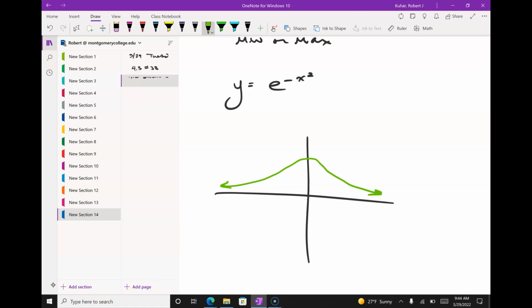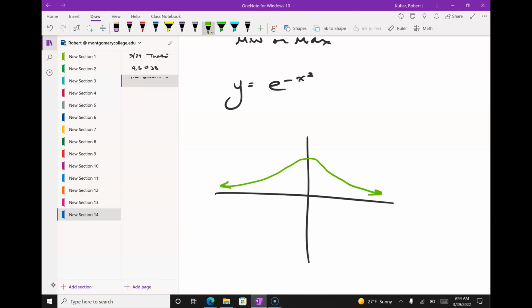And so first derivative test, I'd have a critical value where? At what x value? 0, right? Because I have a horizontal tangent at 0. So, by the way, when I do a second derivative test, I find the criticals of the first derivative as well, okay?